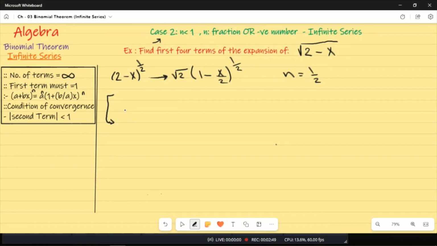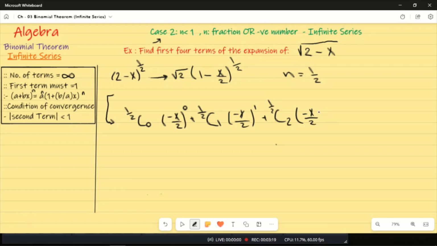The first term here is n combination 0, so half combination 0, negative x by 2 power 0, plus half combination 1, x by 2 power 1, plus half combination 2, x squared, plus half combination 3, x by 2 power 3, plus the completion of the infinite series.